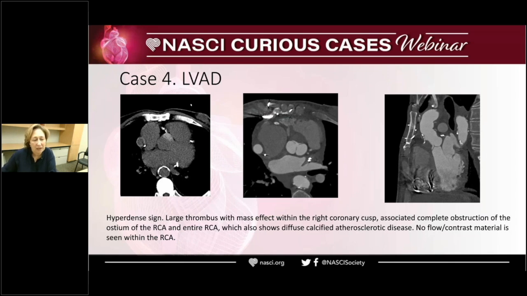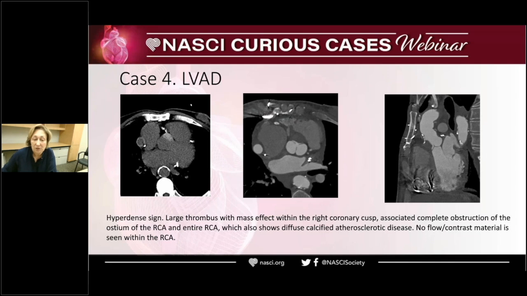So we have this focal, relatively well demarcated area that occupies mostly the right coronary cusp, and it appears hyperdense and confined by the borders of the cusp itself. That is pre-contrast imaging.